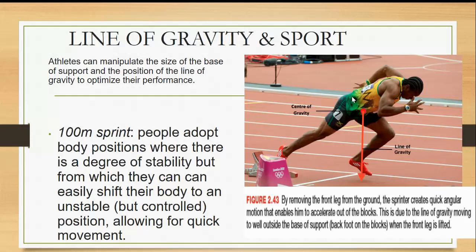So someone's in the starting blocks, their feet and their hands are the base of support, sorry. And you can see this person's line of gravity is right on the edge of that base. That is going to propel them forward. And if it's propelling them forward, they're going to have less stability, but one positive of that is they are going to have more agility. They're going to be able to propel themselves forward using that angular motion.